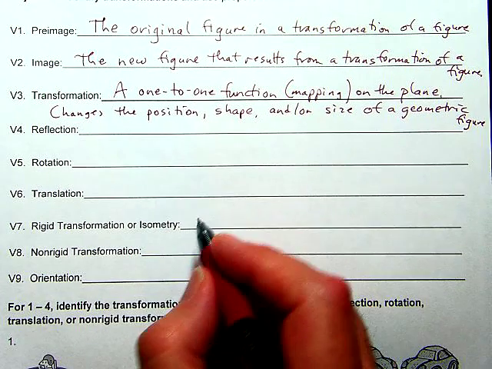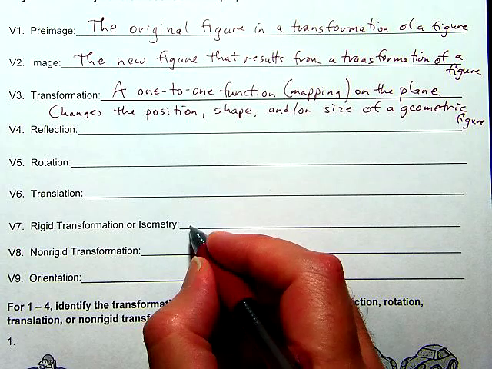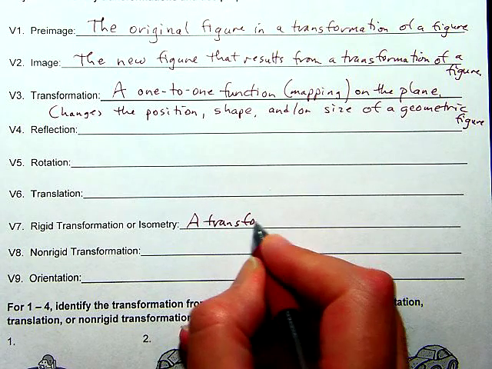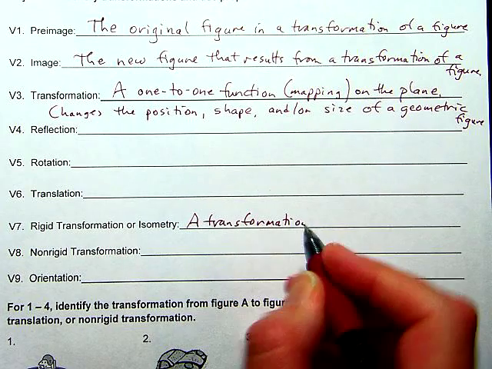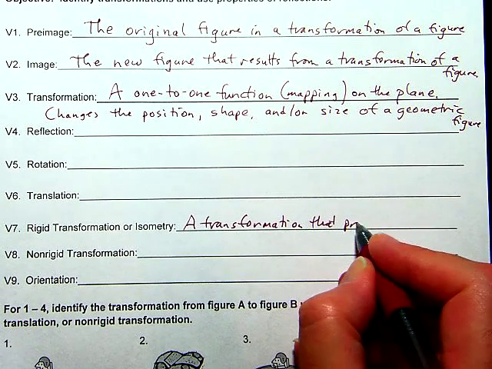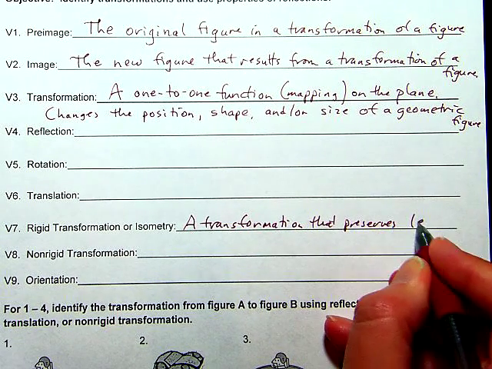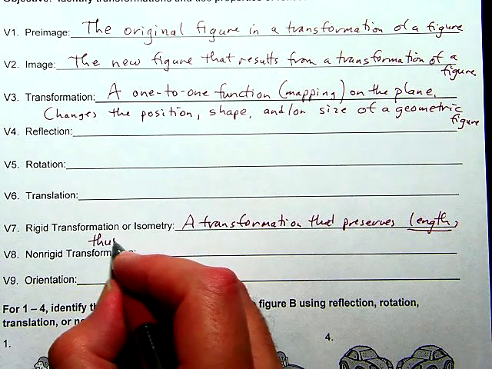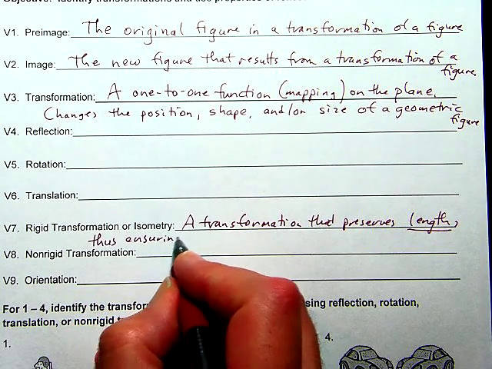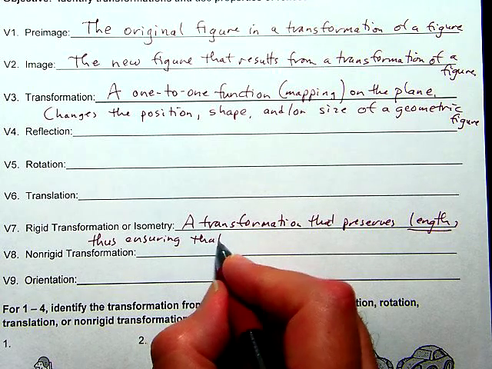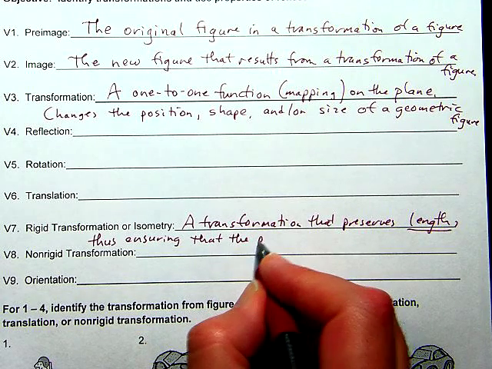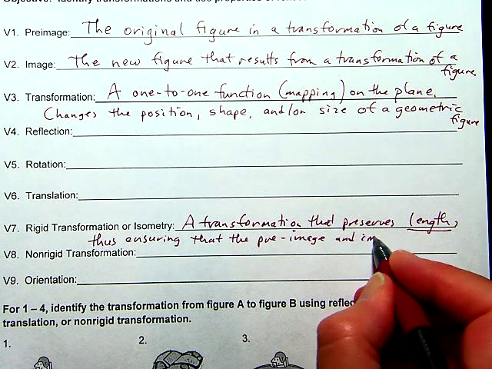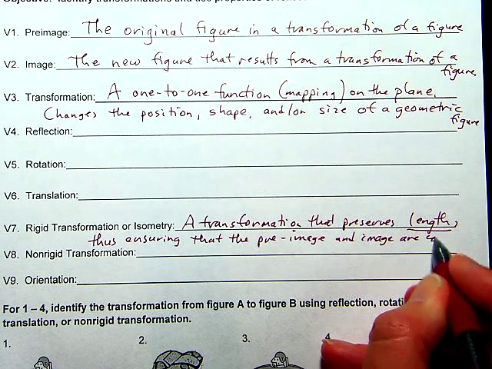A rigid transformation, or isometry, is a transformation that preserves length, thus ensuring that the pre-image and image are congruent.